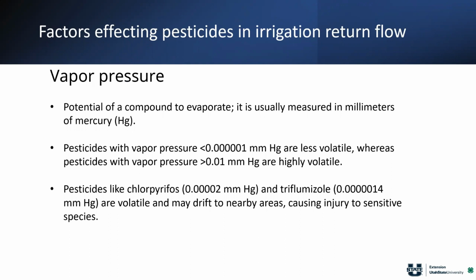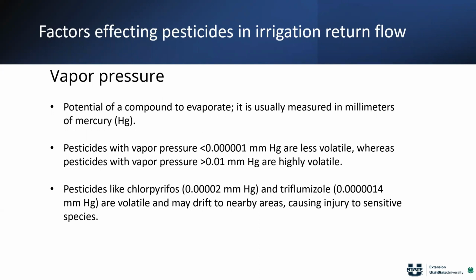The other factor that we need to consider is vapor pressure. Vapor pressure is a little bit different from all others because it's the potential of a compound to evaporate. In a general condition, pesticides like chlorpyrifos and triflumizole tend to evaporate.